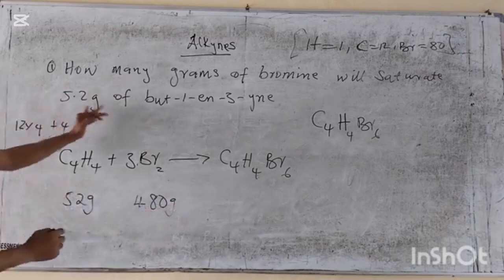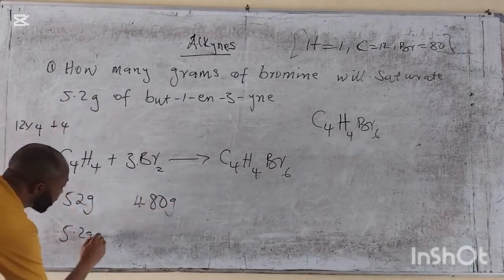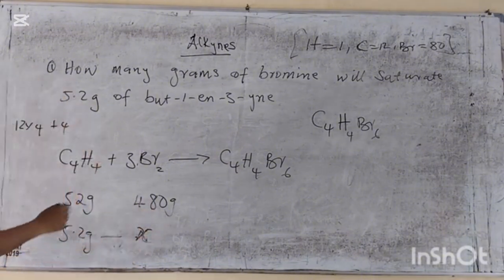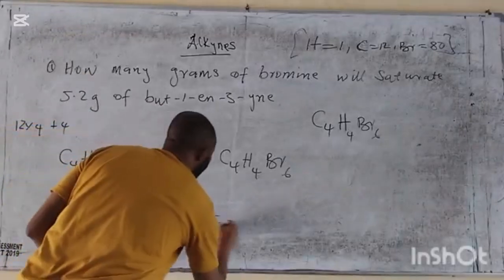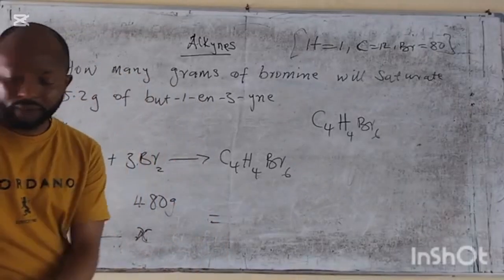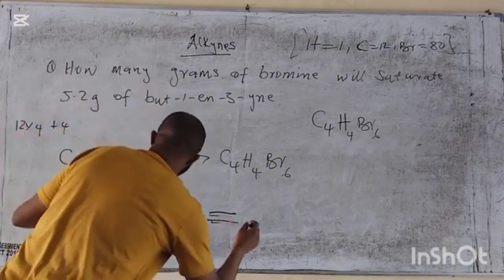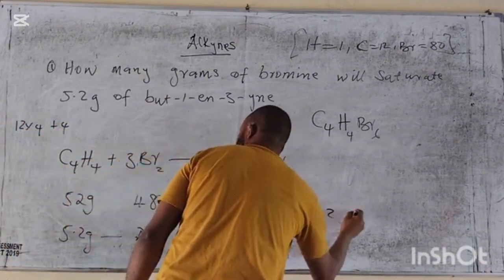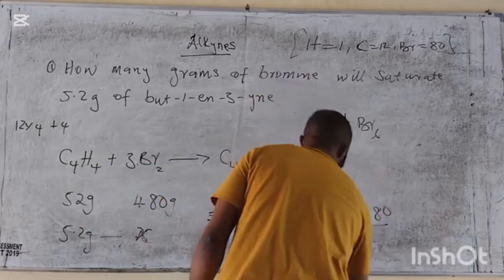Then 5.2 grams of this will give me X. X is unknown. If I want to make X the subject, X is equal to 5.2 times 480 divided by 52.